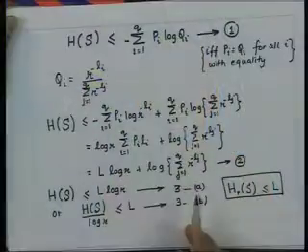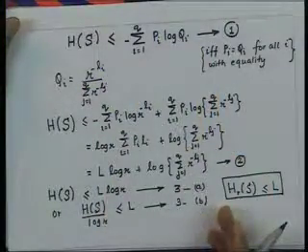So, this equation provides some kind of justification for the definition of our information measure which we had started earlier in the course.